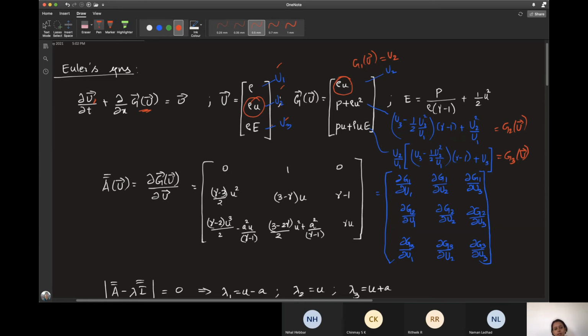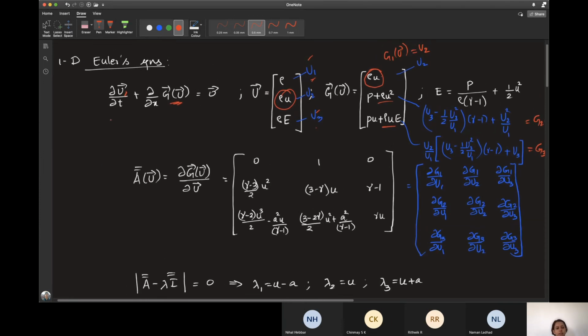We are trying to write everything in terms of just u1, u2 and u3, because to find this A matrix, the system should be written as dou g vector by dou u vector into dou u vector by dou x equals 0, right? So this is a matrix.